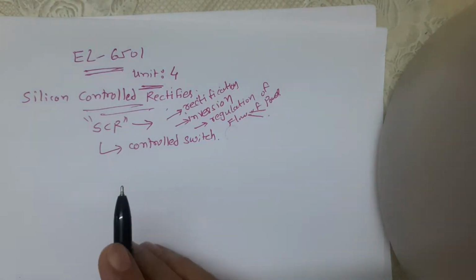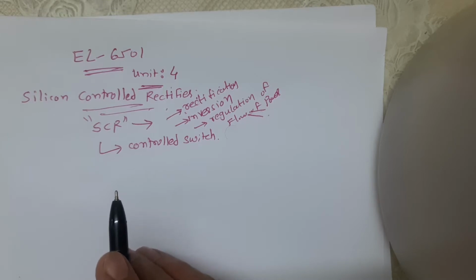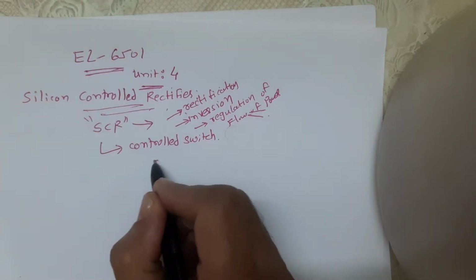The SCR has assumed paramount importance in electronics because it can be produced in versions to handle current up to several thousand amperes and regulate power of more than 1 kilowatt.